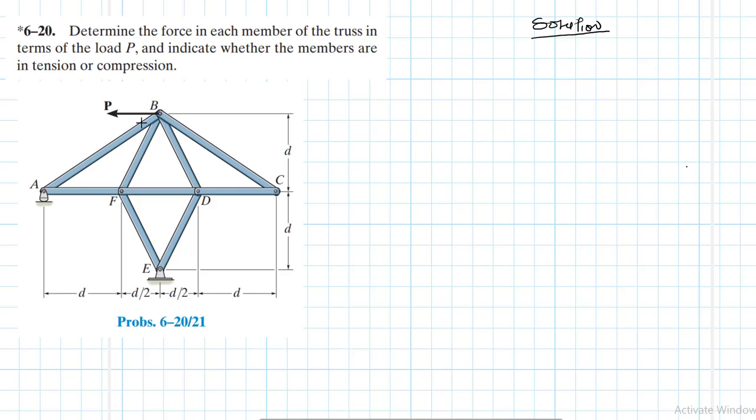We realize that joint C, which is formed by member BC and member DC, has non-collinear members, and we don't have any applied force at point C, and there is no support reaction at point C. Therefore, member BC and member DC are zero force members.